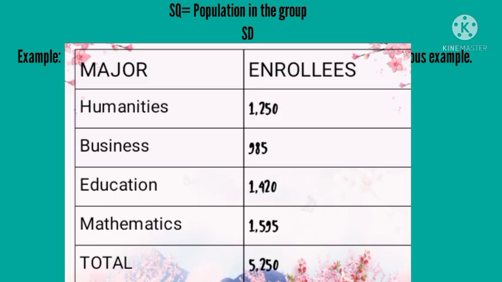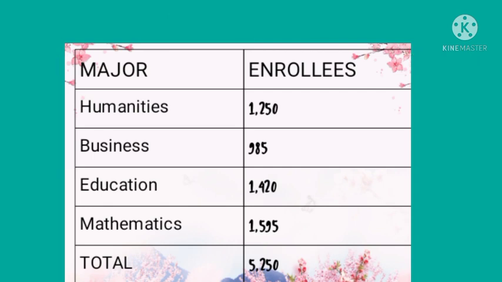Humanities, ang enrollees is 1,250. Business, ang enrollees ay 985. Education, ang enrollees ay 1,420. Mathematics, ang enrollees ay 1,595. Sa the total of 5,250.